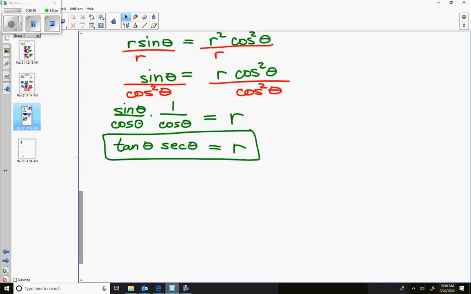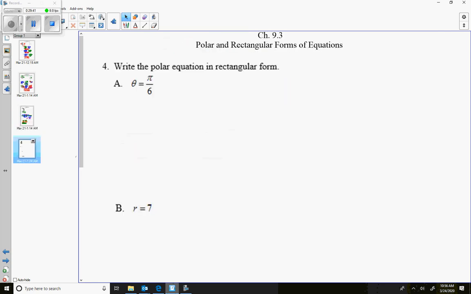All right, and one last page. Now we're going the other direction. We are given the polar equation. We want to change it to rectangular form.